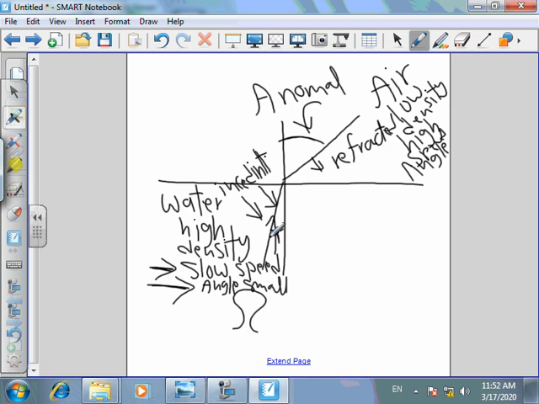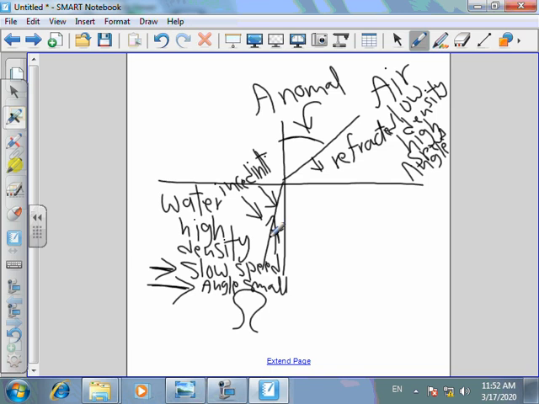So if you move from a medium with low density, it has high speed and large angle, and this one has low optical density because it doesn't have a high ability to refract the light.